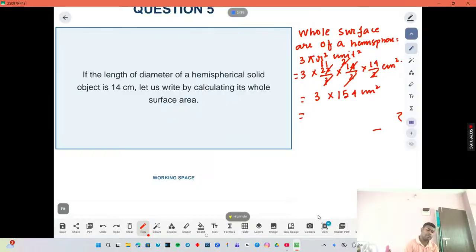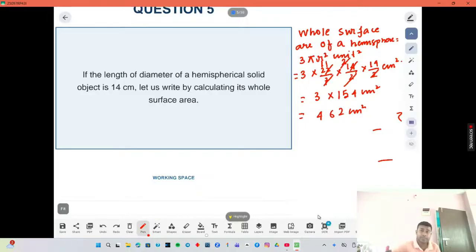Then 4 3s are 12, 1 4 5 are 15, 16, and we get 462 centimeter square. Now you have understood what the whole surface area of a hemisphere is.